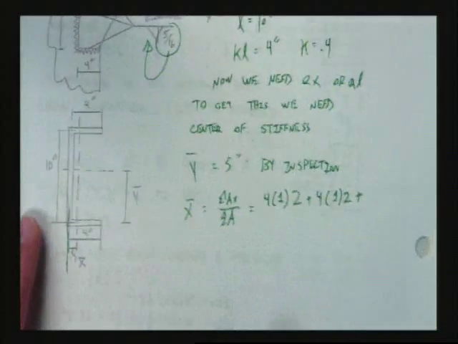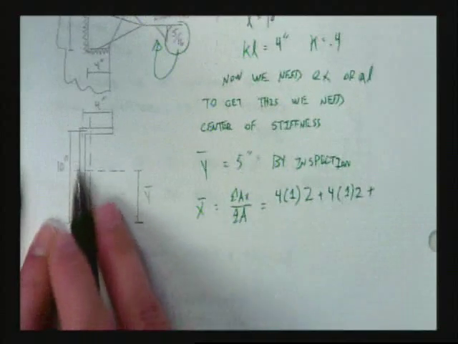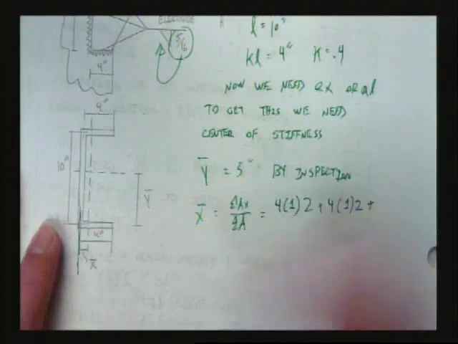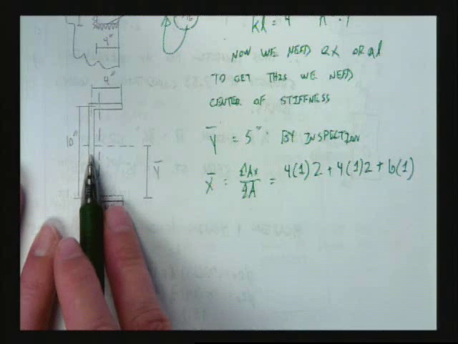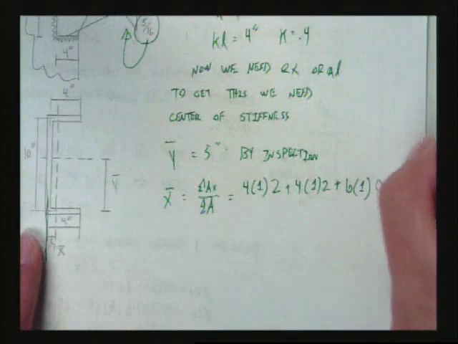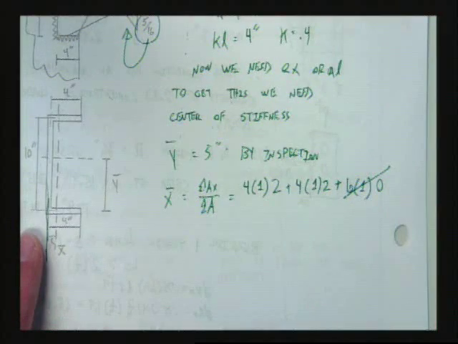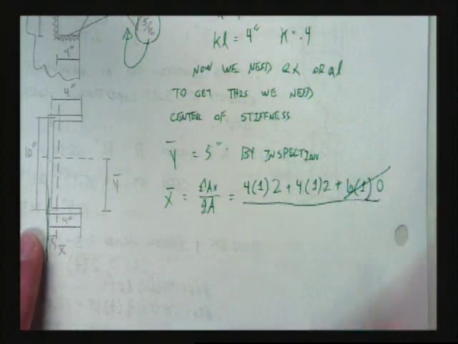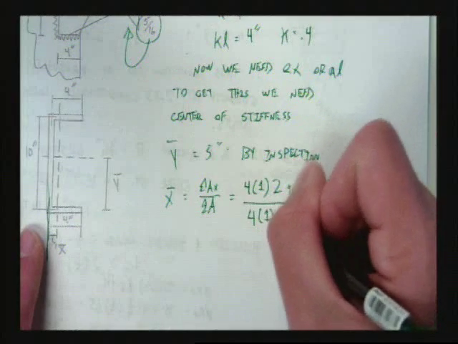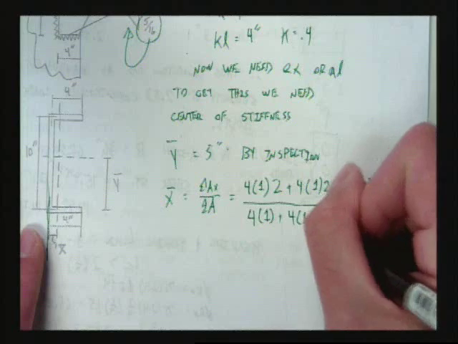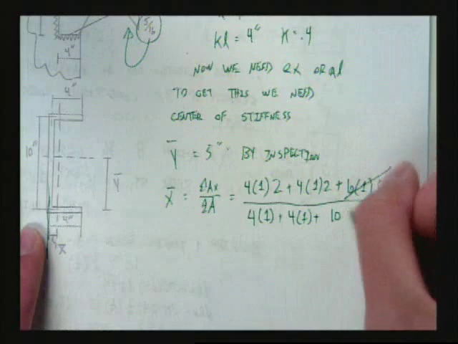And then I need to do the same thing for this member. It's 10 inches. I'm going to call it 1 unit long. And what's the distance from my origin to the centroid? 0. Now I just divide by the areas. 4 times 1 plus 4 times 1 plus 10 times 1.